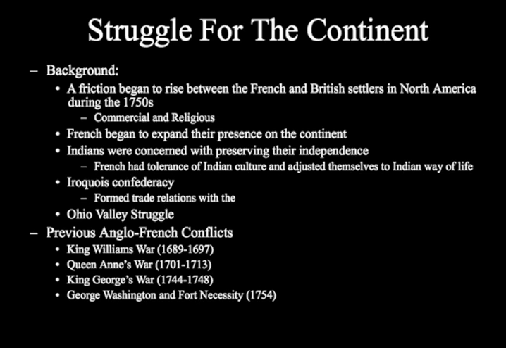Now, some early struggles. The French claimed the Ohio Valley. However, the English were also expanding into this land at the time. Also, there were many Indian tribes living in these lands. So you can see how these tensions are going to lead to some armed conflict.